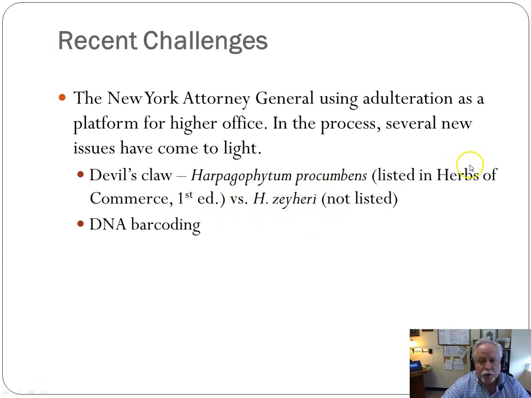But based on the Herbs of Commerce first edition being the actual signature plant, anything else is then considered an adulterant. So what's happening is AHPA, the American Herbal Products Association, is revisiting it for the third edition and including the zeyheri in there. And that then will be accepted by the FDA as the indicator of what species should be found in trade.